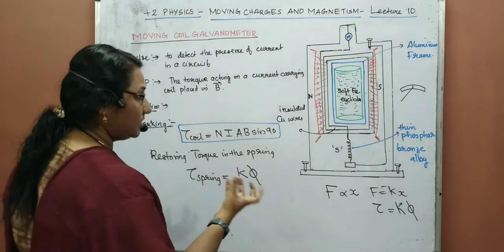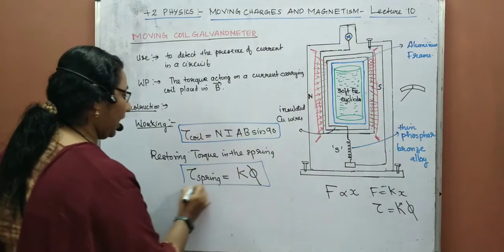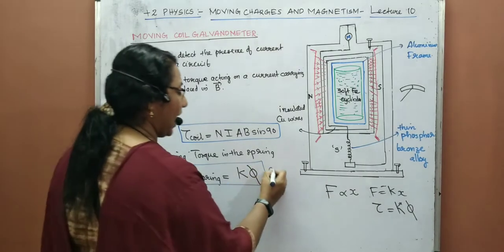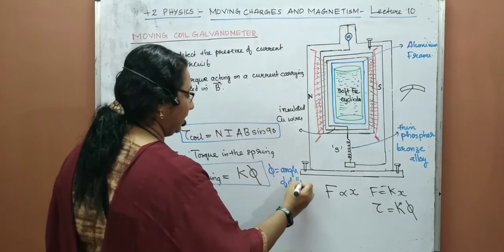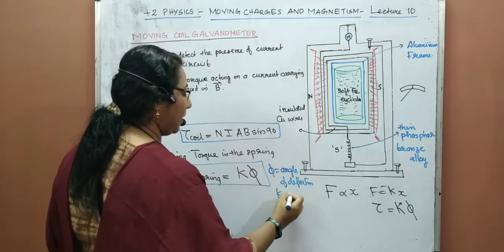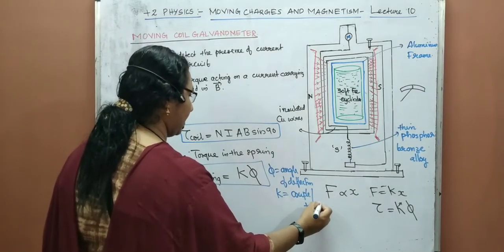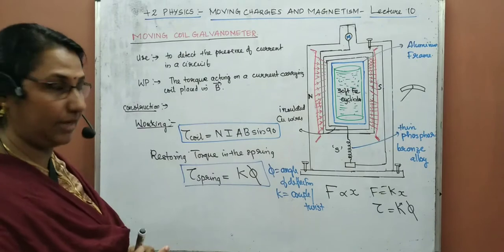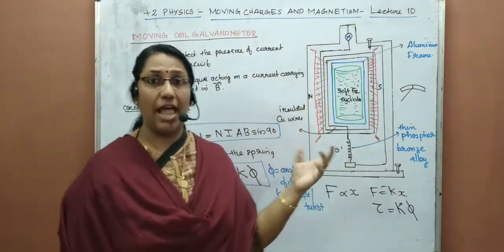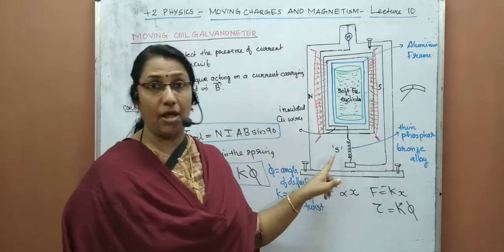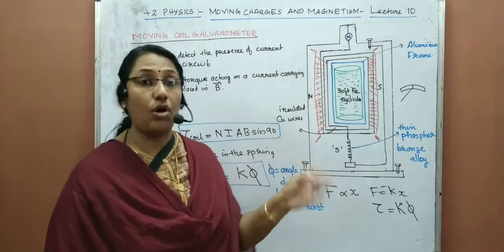As the spring rotates, a restoring torque develops in the spring, which is given by K phi, where phi is the angle of deflection of the spring, and K is the couple constant, commonly called couple per unit twist. So listen, the coil rotates, the spring also rotates, and finally the restoring torque of the spring balances the torque of the coil.